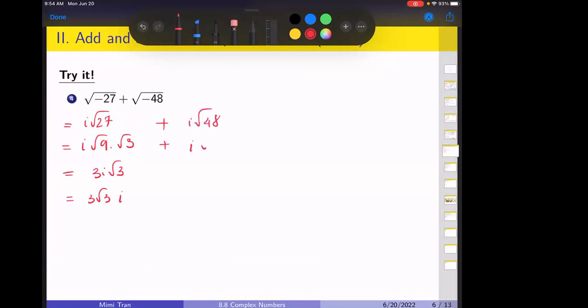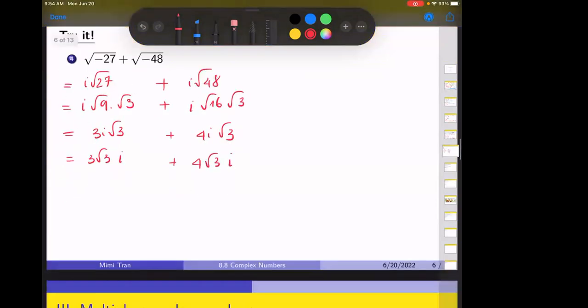Good. Thank you both. And then you add together, you got 7 root 3i. Or better yet, 0 plus 7 root 3i. Very good.